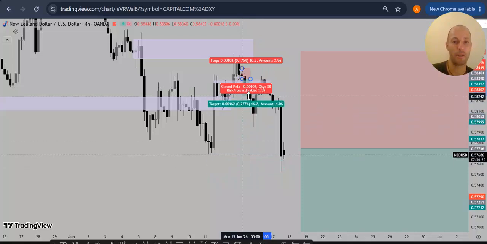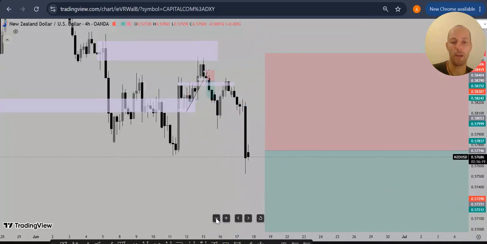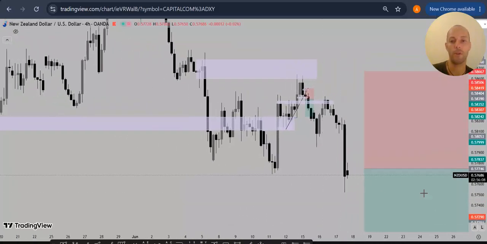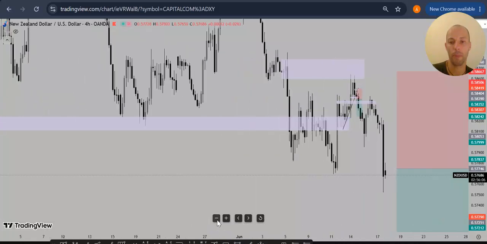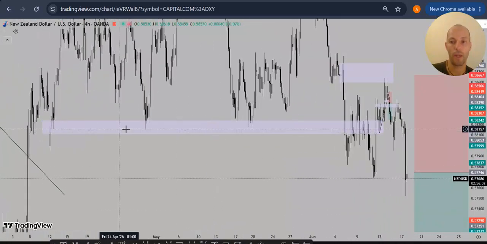Anyways, I'm a day trader. Very, very rarely I take a swing trade like I did today. That's gonna take weeks to play out. But the scenario looks so clear, so clean that I just had to take it. So again, here we have the support area here.